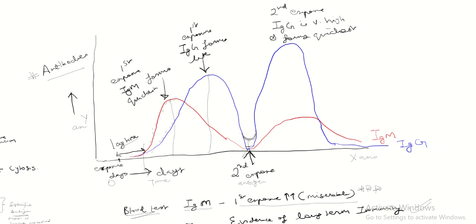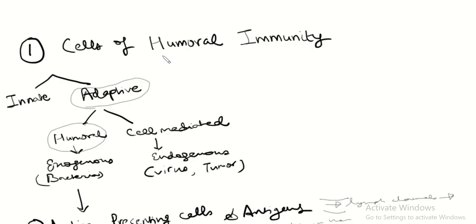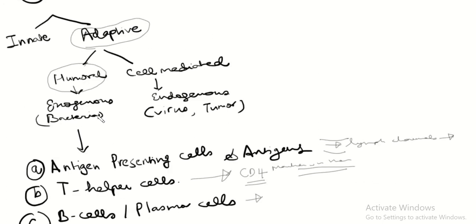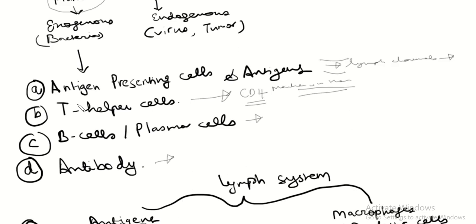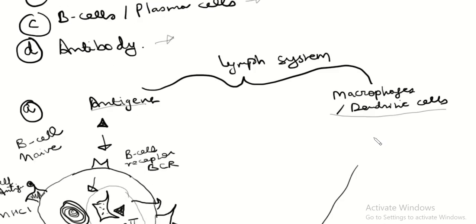So again, let's try to recap and see if we have a better sense of what we covered in this video. So again, we talked about cells of humoral immunity. So this was adaptive humoral immunity against external agents. So we talked about antigens and antigen-presenting cells like macrophages and dendrites.